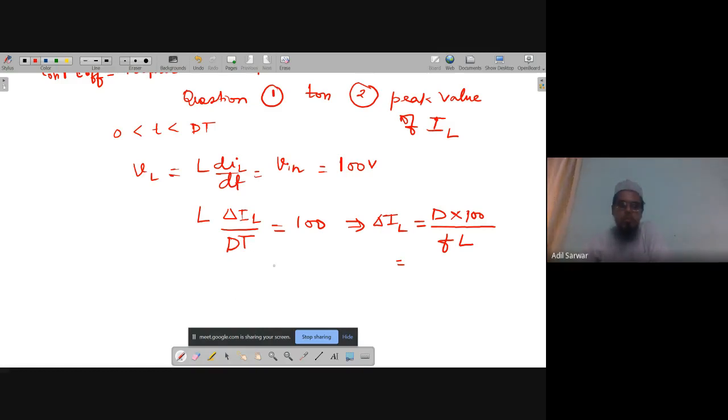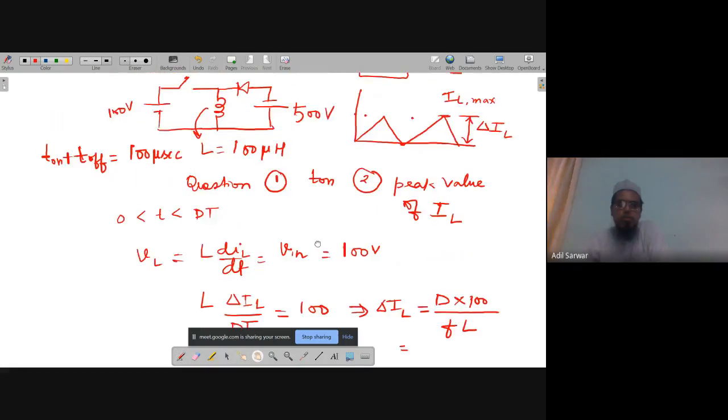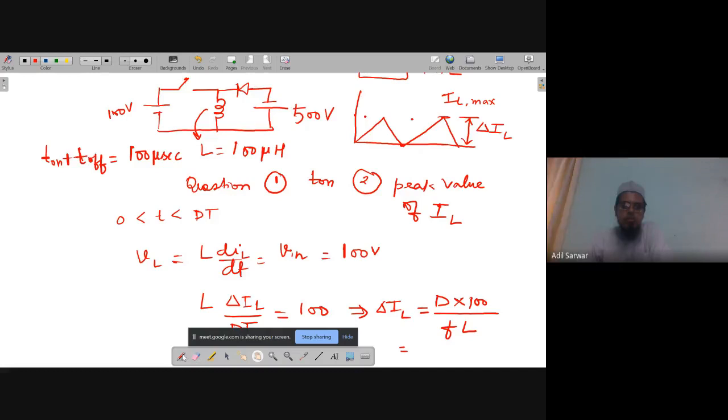D is already mentioned in the problem? No, D is not given, so we have to find D also. How to find D? It's simple, because the input and output voltages are given. We know that the output voltage upon the input voltage is equal to D upon 1 minus D. Again, I am not using the minus sign because of the polarity, you see the polarity is opposite here.